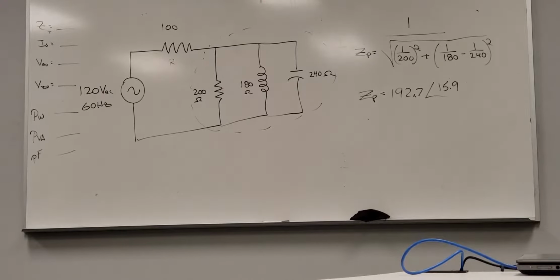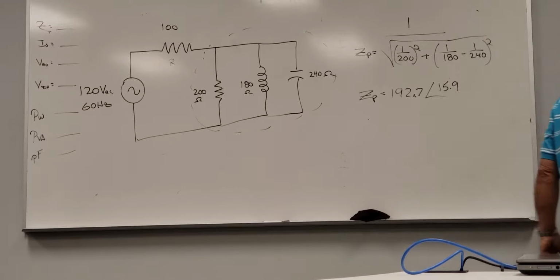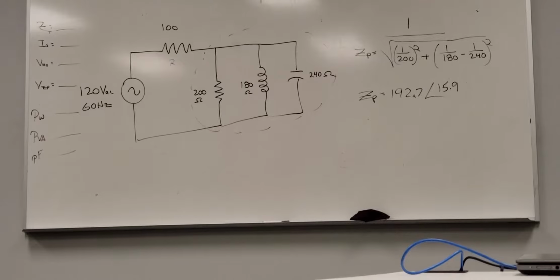Took the reactive component divided by the resistive component, arc tangent of that, and I may be wrong. Let's see, it probably is close to 4 degrees, now look at it. 16. Yeah. Tangent minus 1. Right, let's see.